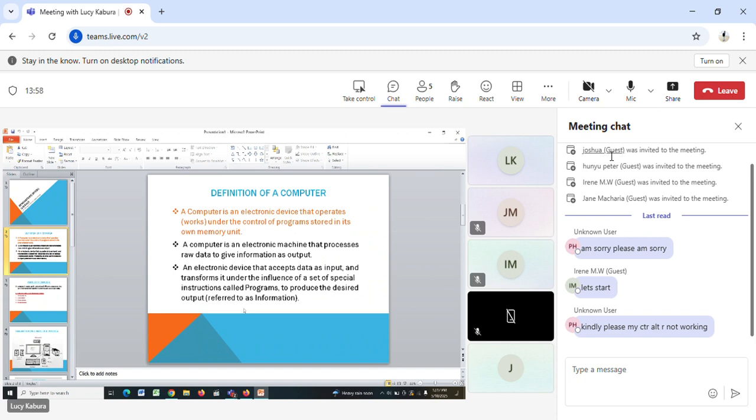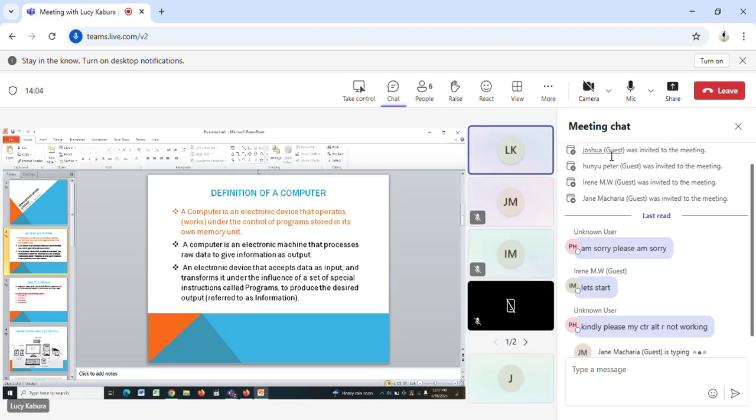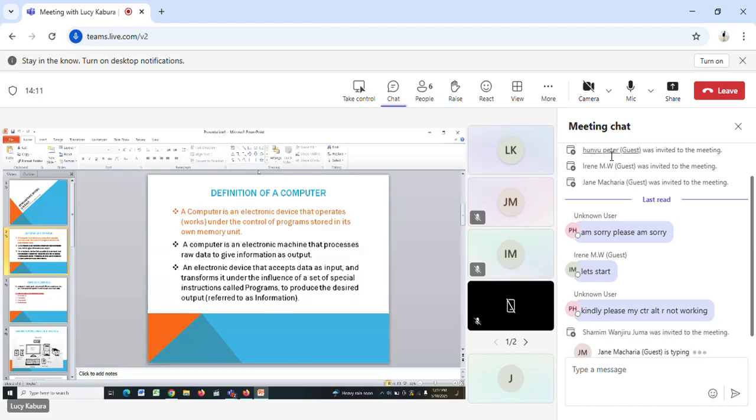A computer is an electronic device that converts the raw data into meaningful information. That's a good definition, a nice one. Thank you for that.